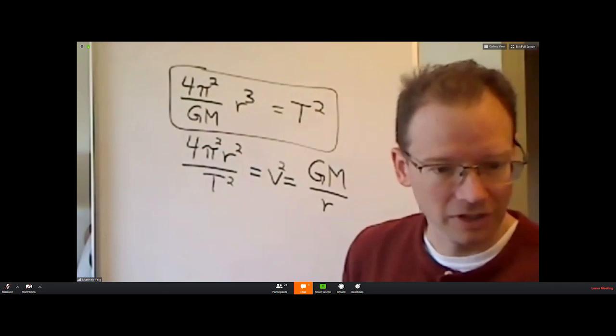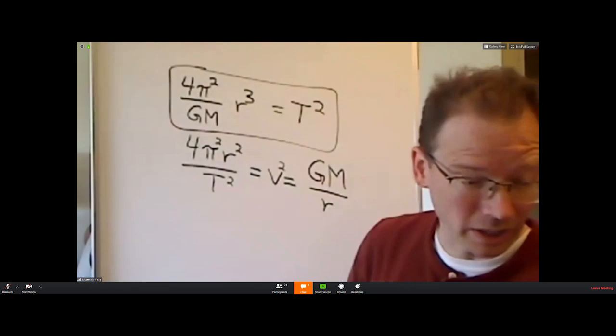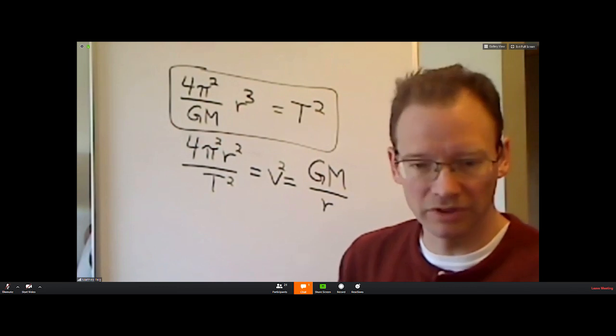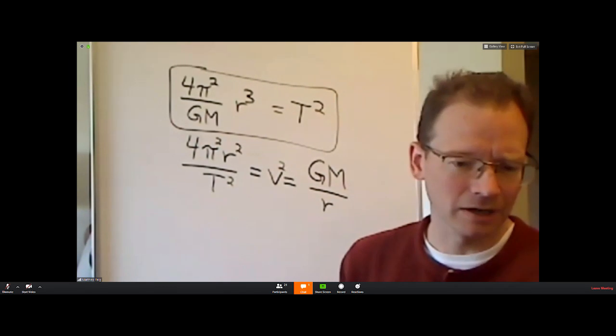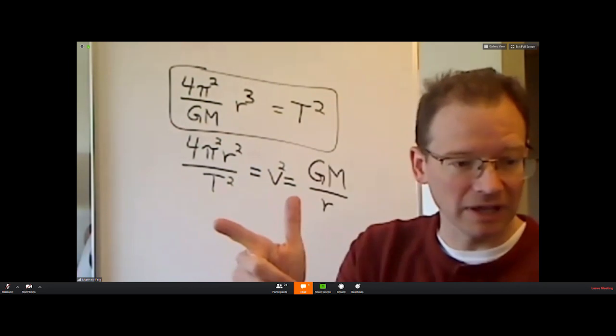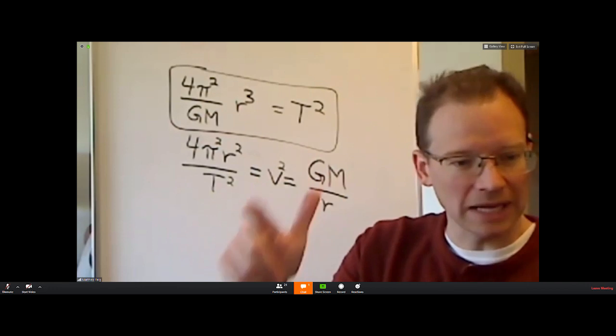The a value is for a circle. It's the radius. So that is a very quick way to derive Kepler's third law for circular orbits. And what were the starting points of that calculation? Force equals mass times acceleration, Newton's law of motion. Capital F equals capital G M m over r squared, Newton's law of gravity.